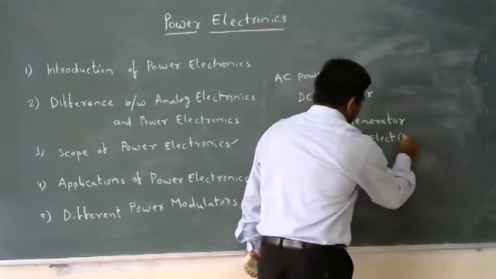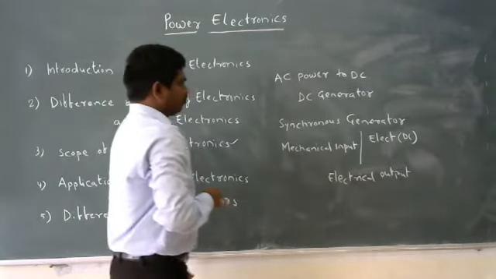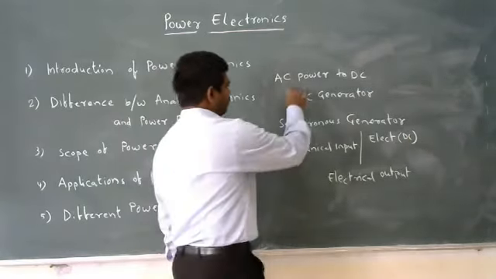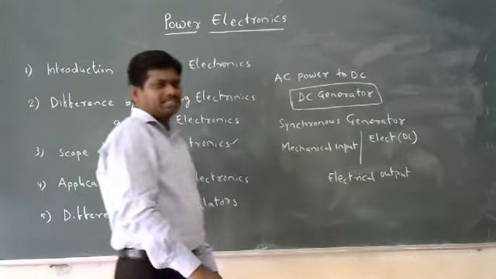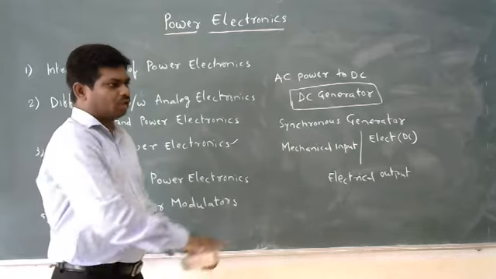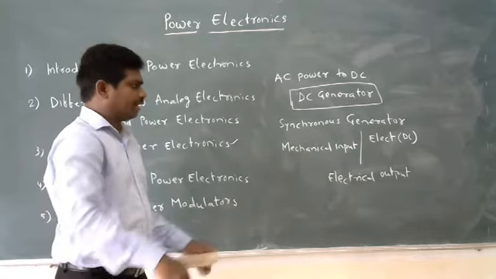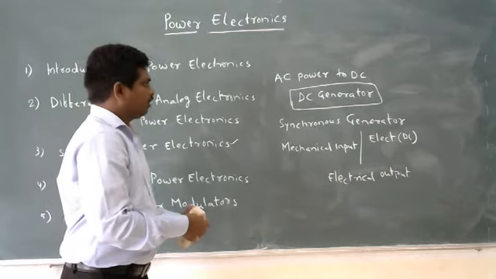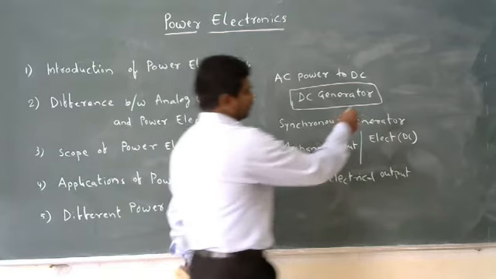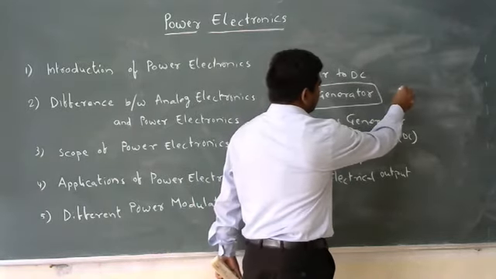This is a DC supply through the DC generator. But what happened here is, when we see the DC generator, it's a rotating machine basically, and it is going to occupy a huge amount of place, nearly like a big room. And the cost of the DC generator is very high.